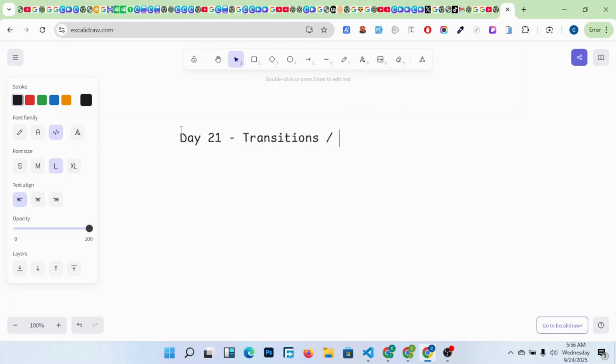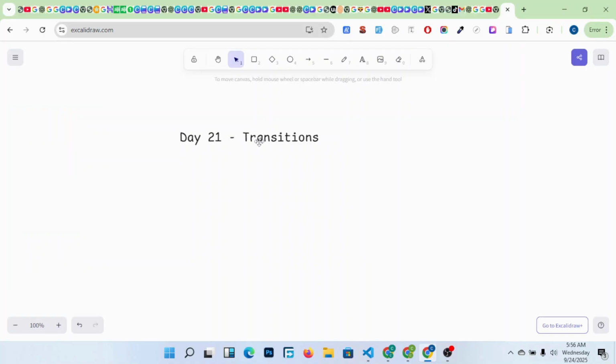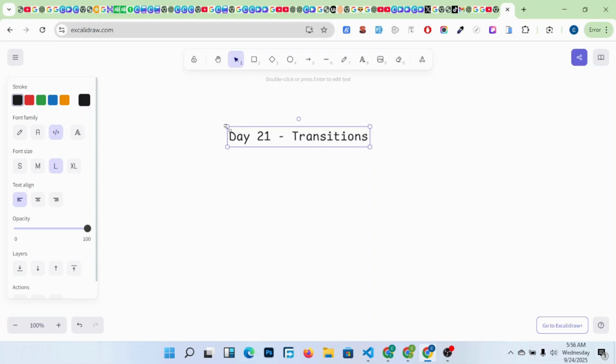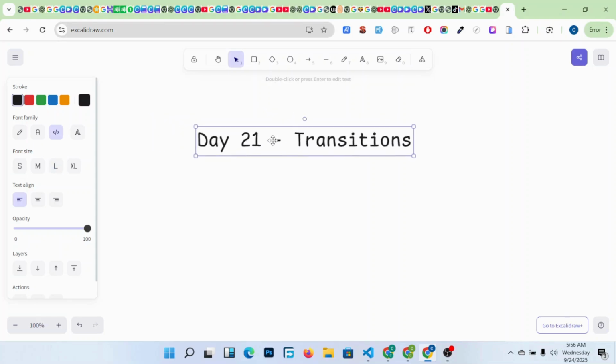But should I bring transformations in now? No, let me first see. No, I just want to look at transitions. Okay. So today, just know that we're going to look at transitions.